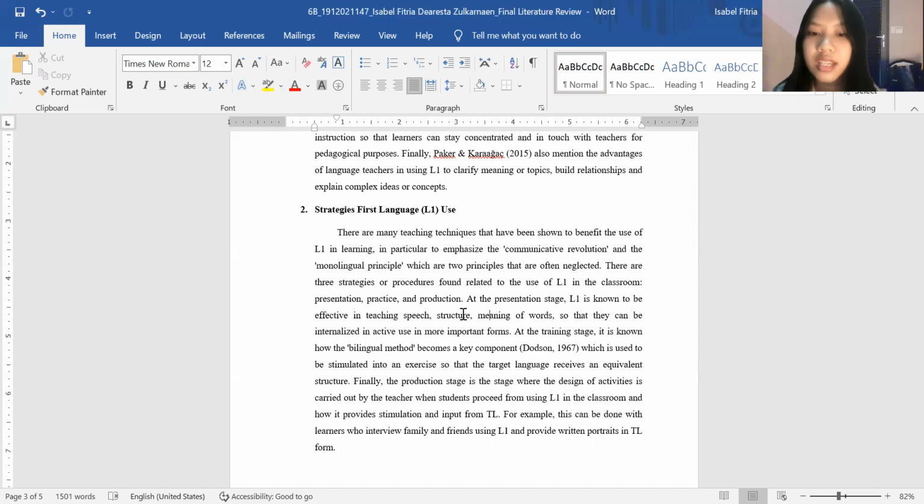Finally, the production stage is where the design of activities is carried out by the teacher when students proceed from using L1 in the classroom and how it provides stimulation and input from TL. So both L1 and also TL are used. Once again, I'm going to emphasize that TL is the target language that is taught by the teacher. So here actually only using L1.